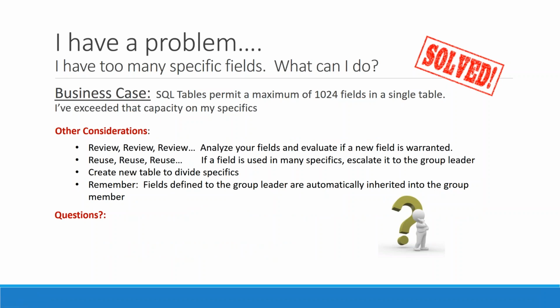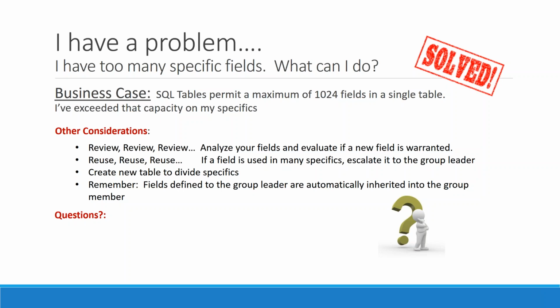So one thing I can tell you from the very beginning, and it's also good later on in the process to go back and review, is always analyze your fields when you're creating something and see if a new field is warranted or if there is something else that can be used in its place. And the second step that goes along with the first is reuse. If a field is used in many specifics, and like I said, maybe even make it 50% or more, then escalate it to the group leader.